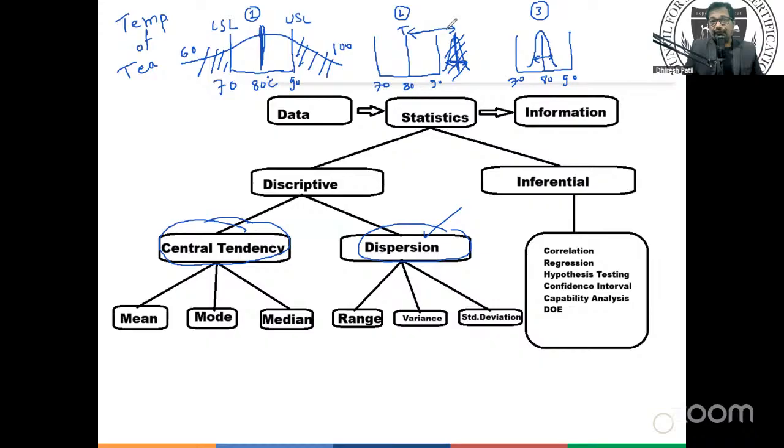So there is a huge difference between the mean and the target. So the central tendency not matching is also not advisable. What is the best option we have? The central tendency matching with the target, and dispersion also very low. That is what we want.